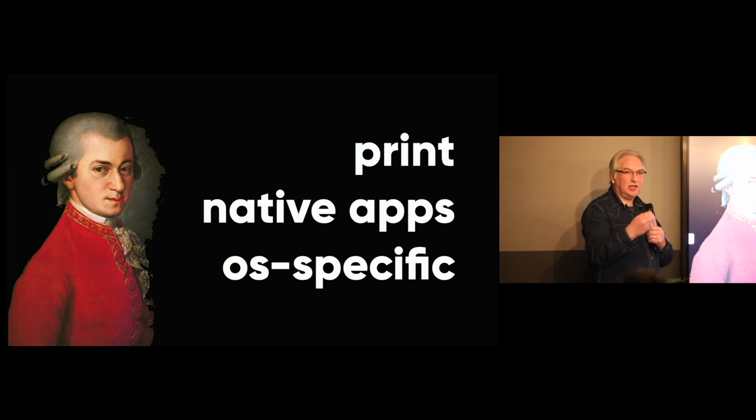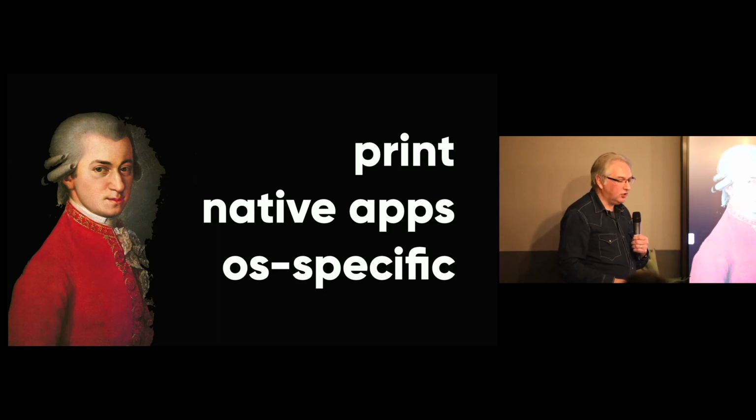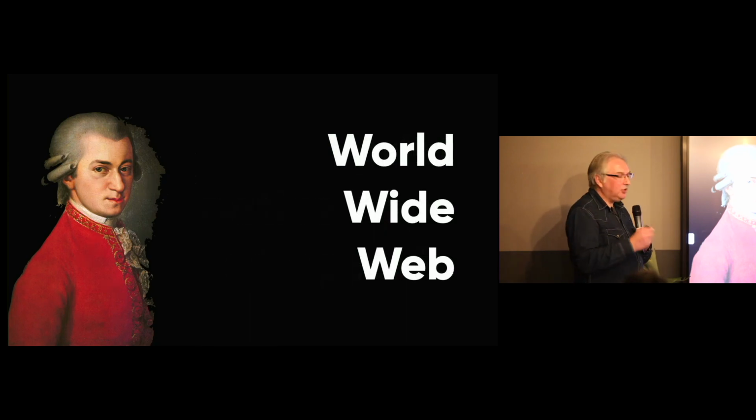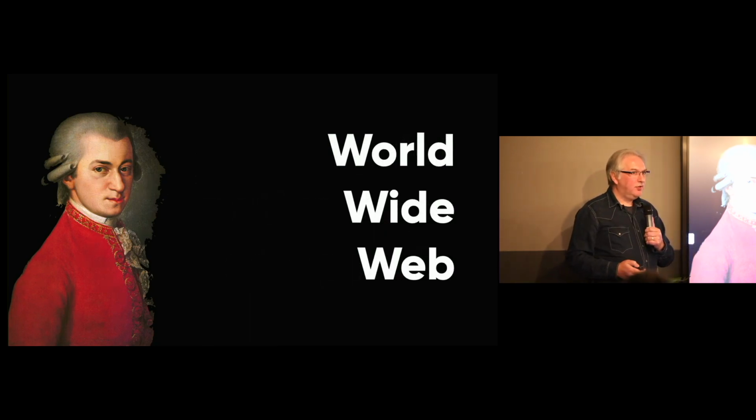You do know exactly how things are going to look. But I'm not sure that's going to be a great match for the World Wide Web. I think on the World Wide Web, maybe we need to be more Miles, because the web is a fluid medium. The web resists control, and that's okay. We should lean into that.